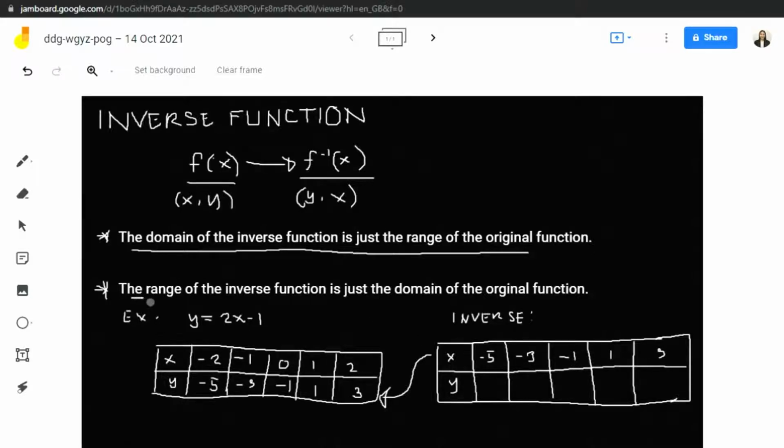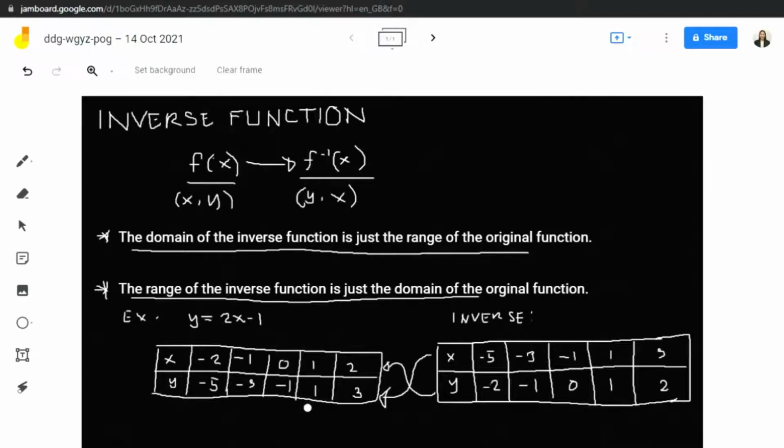Second statement, the range of the inverse function is just the domain of the original function. So this is the range, and this is the domain of the original function. We'll be shifting all their values, so we have here negative 2, negative 1, 0, 1, and 2.